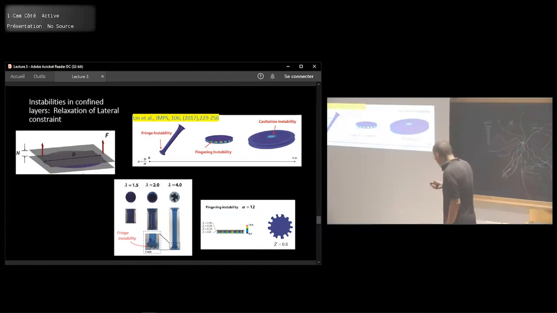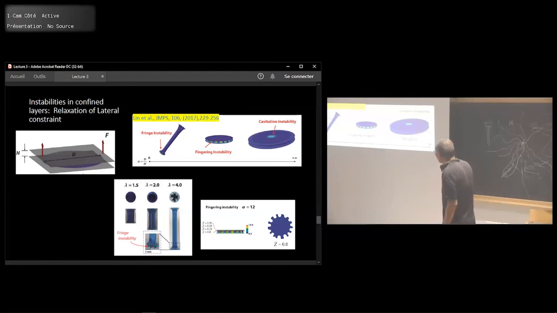Okay? And if D over H is relatively small, then if you stretch it a lot, there's nothing happening in here, they're pretty straight, but near the edge, near where the adhesion occurs with the plate, you can see that there's some fringe instability occurring, okay?